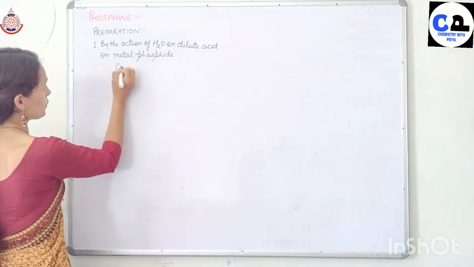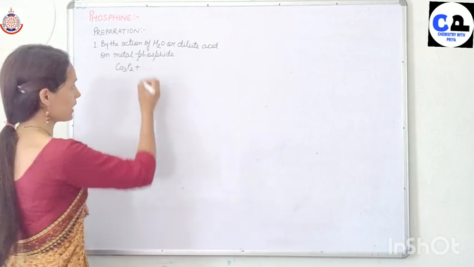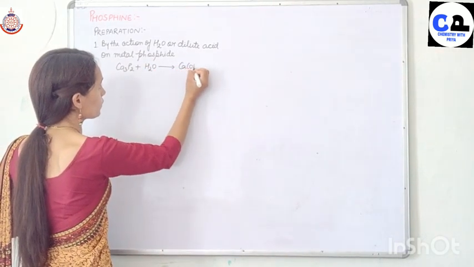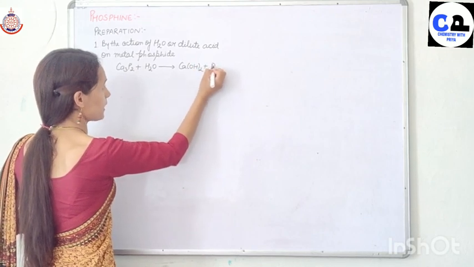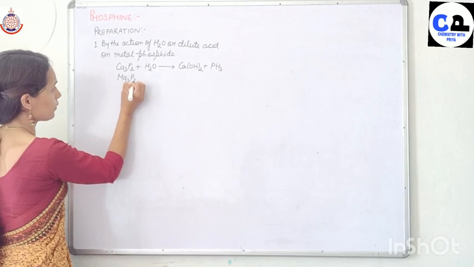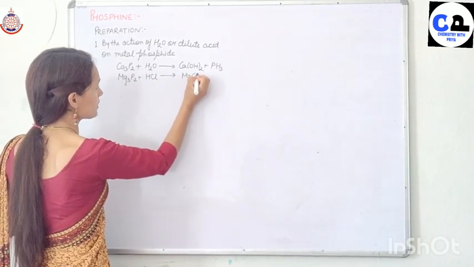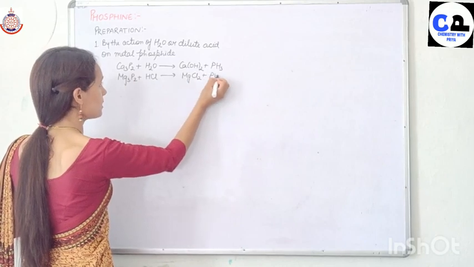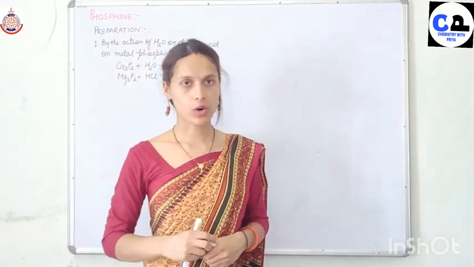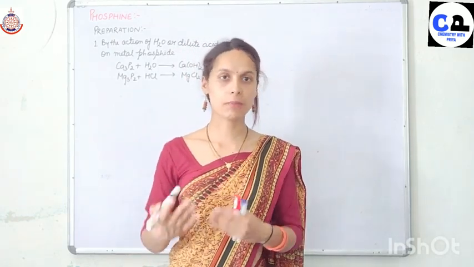Suppose Ca3P2, the metal phosphide of calcium, reacts with water, then it forms Ca(OH)2 plus PH3. And suppose a metal phosphide like Mg3P2 reacts with HCl, then it forms MgCl2 plus PH3. So the first method is by the action of water or dilute acid on metal phosphide.